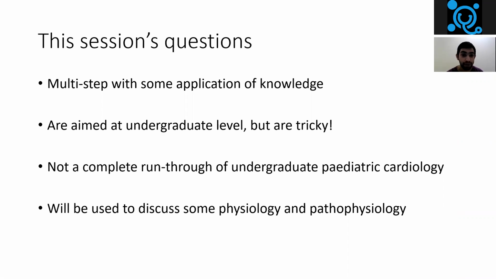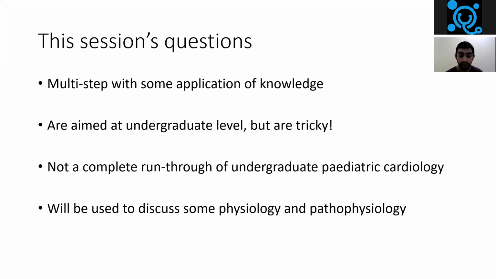I've tried to make it as simple as possible. So if nothing else, you can get some mnemonics and some handy shortcut lists for you to revise from. It's not really meant to be a run through of undergraduate pediatric cardiology. So I hope there's a few guys attending this talk and watching it later on. It would help if you already had some introduction to the topic.